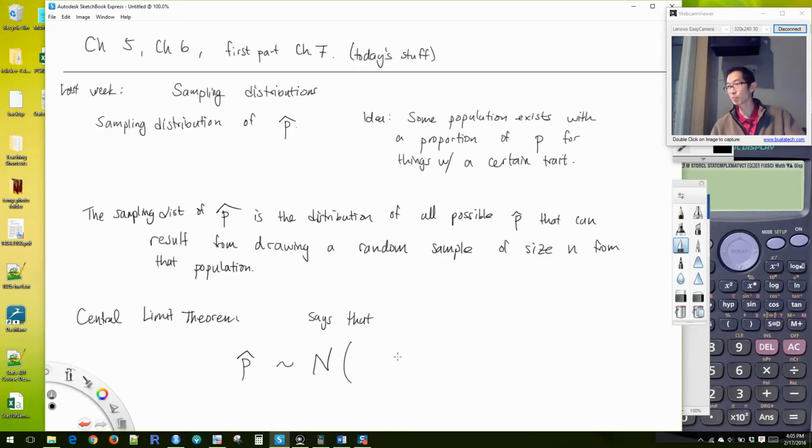You guys remember what the mean of this normal distribution is? I heard some people say it. It is p, and it has a standard deviation of the square root of p times 1 minus p over n, as long as certain conditions are met.